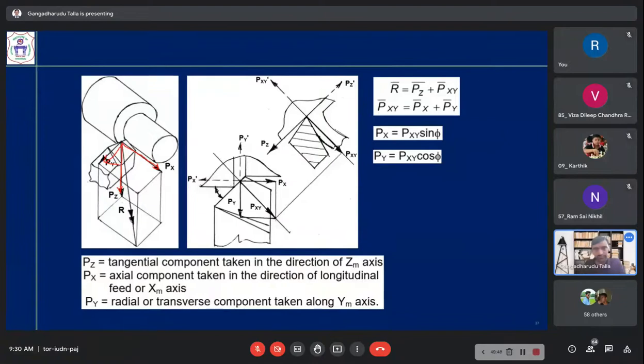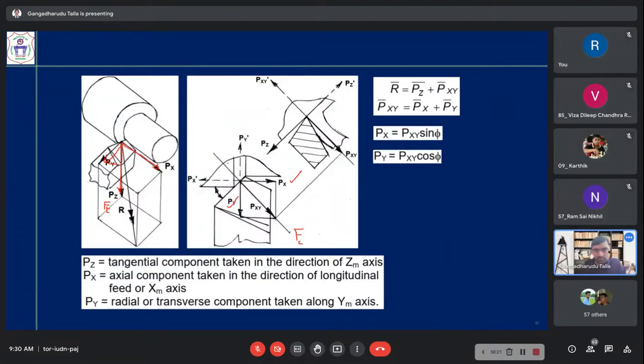Understand? Now what is Pz? We have represented that with thrust force Ft. Pz is nothing but Ft. So Px and Py we have not shown in our derivations earlier. The resultant of Px and Pf, Pxy, is nothing but Fc, the cutting force.